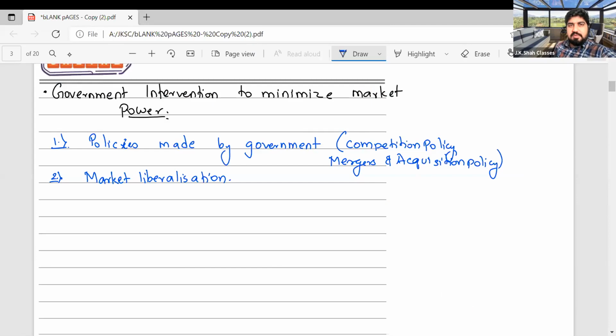What will Indian government do? Liberate, open up the Indian market so that foreign companies can also come. So when foreign companies come, automatically the Indian company dominating or exploiting the consumer will reduce the impact because of competition. So many a times we use market liberalization if there is inefficiency.